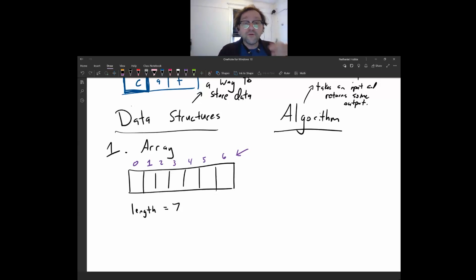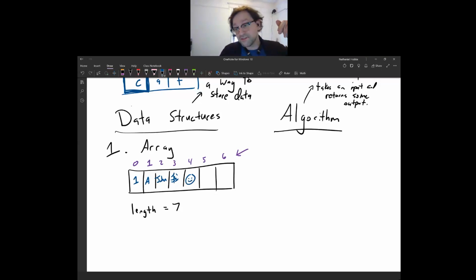Okay. Now, inside of these cells, you can put basically anything you want. I mean, you could have numbers, you could have letters, you could have words, you could have Chinese characters, you could have an emoji, whatever.